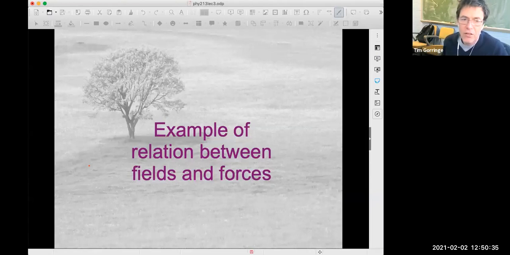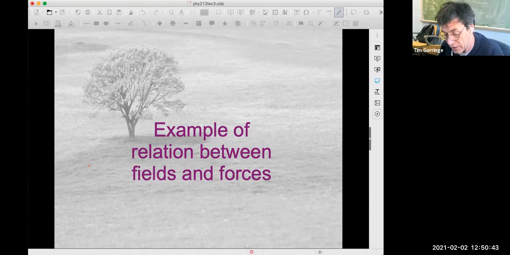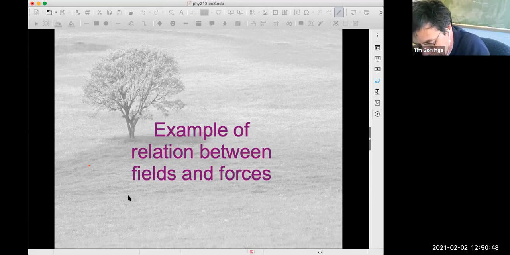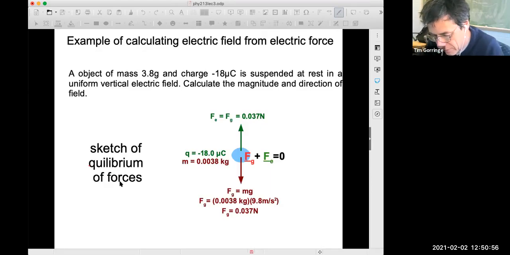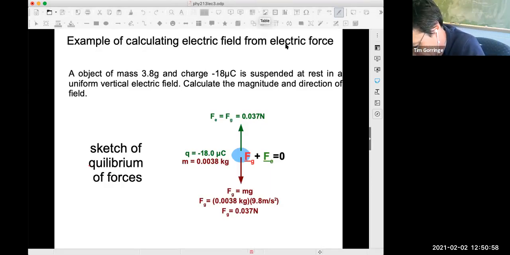Okay, so now with those building blocks of the fields of point charges, positive point charges, negative charges, we're going to switch to looking at some example problems and exploring more complicated electrical fields of more complicated arrangements of charges. Here's an example problem.